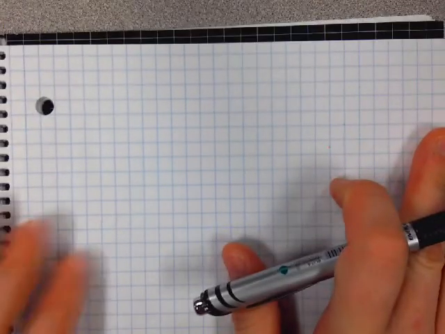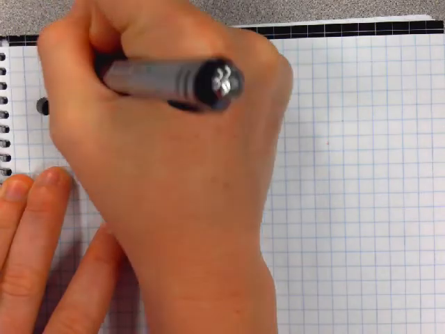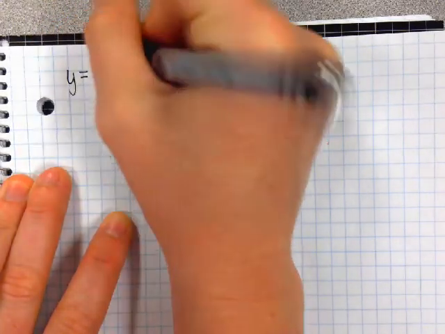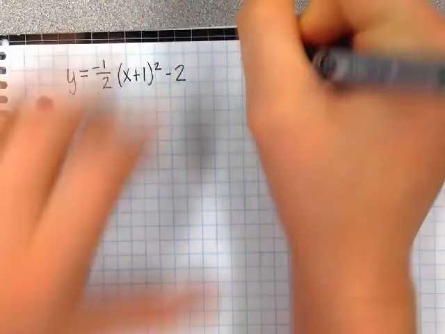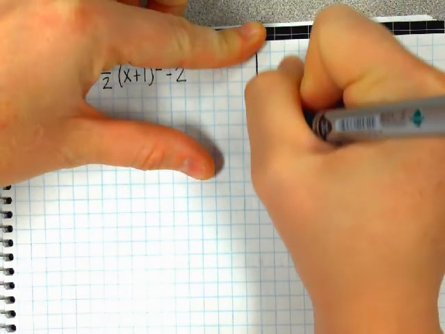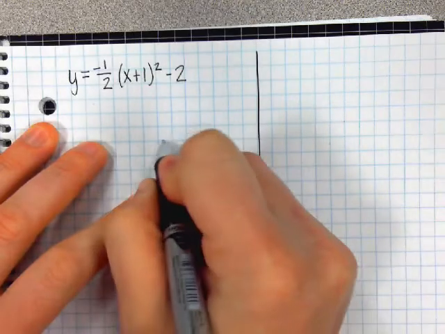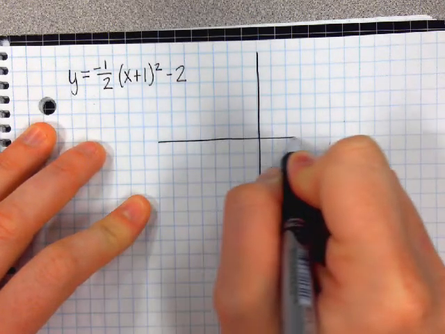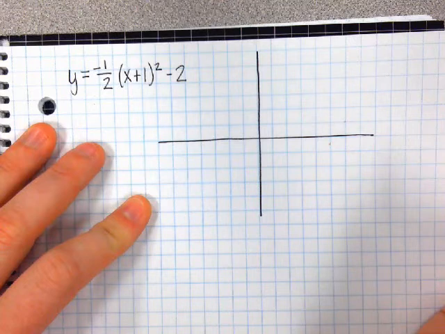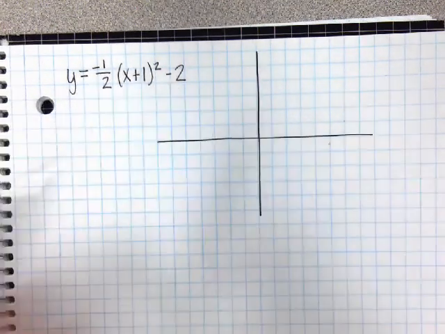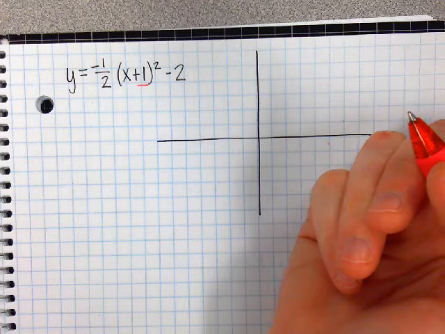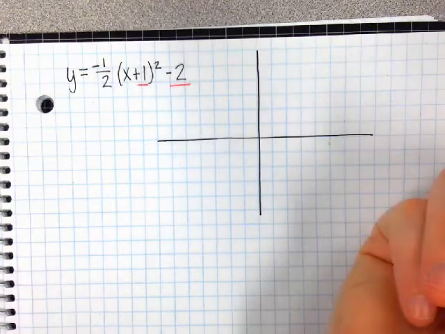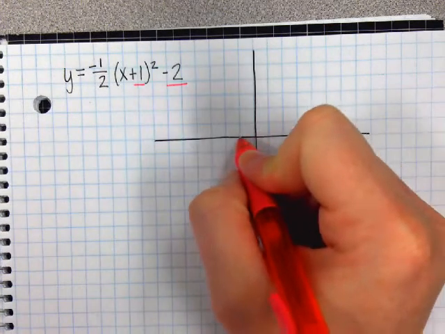Okay, so that's that equation. Now I want to do one that has a negative a value so that you can see what happens when it flips over. So we have the equation y equals negative 1/2 (x plus 1) squared minus 2. Remember, always move the vertex first. I have a 1 as my h value and negative 2 as my k.